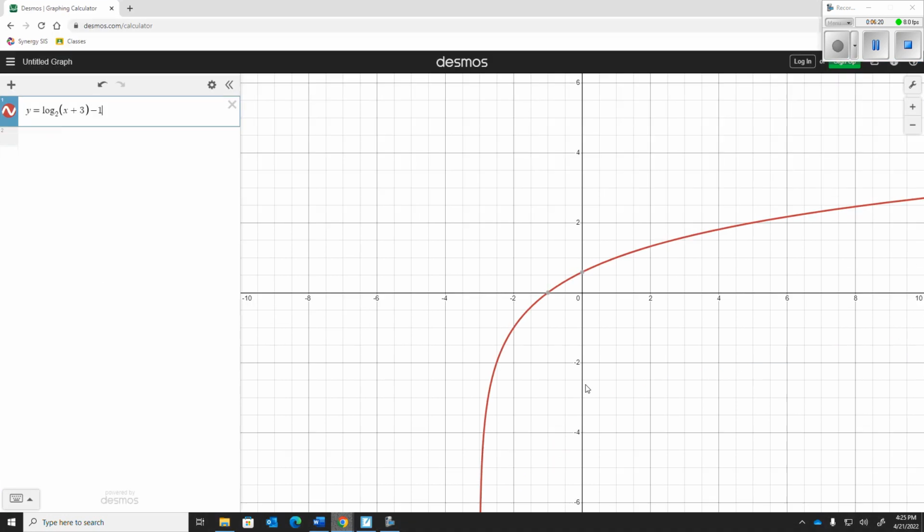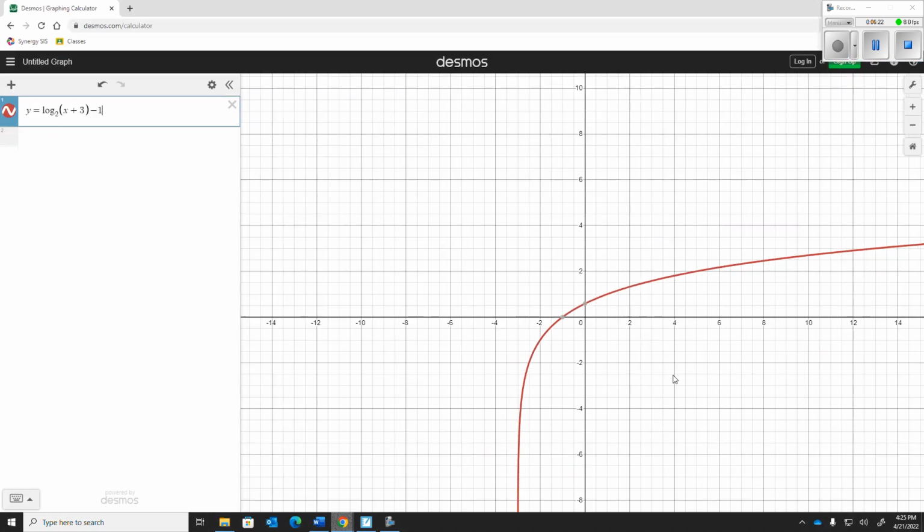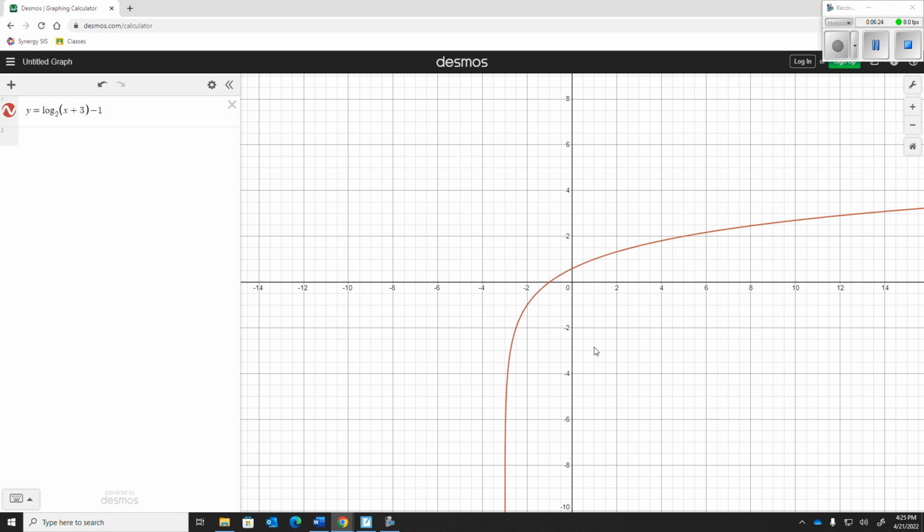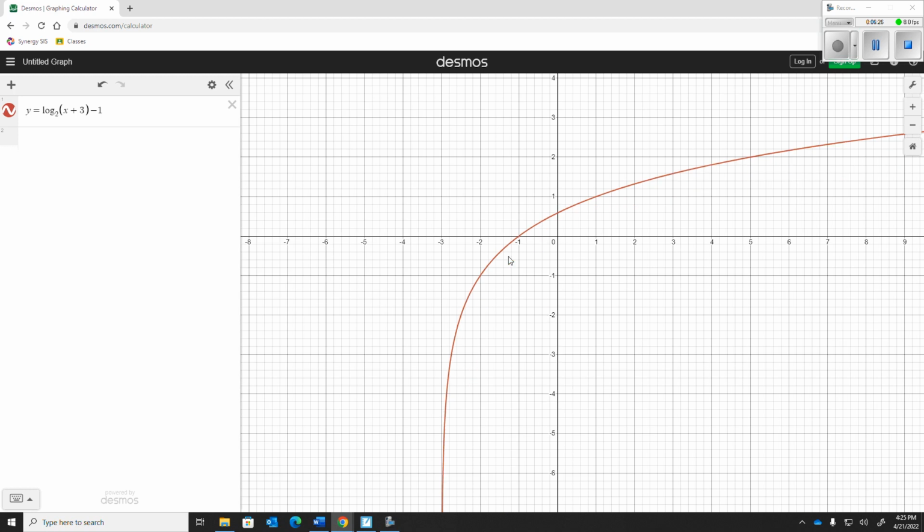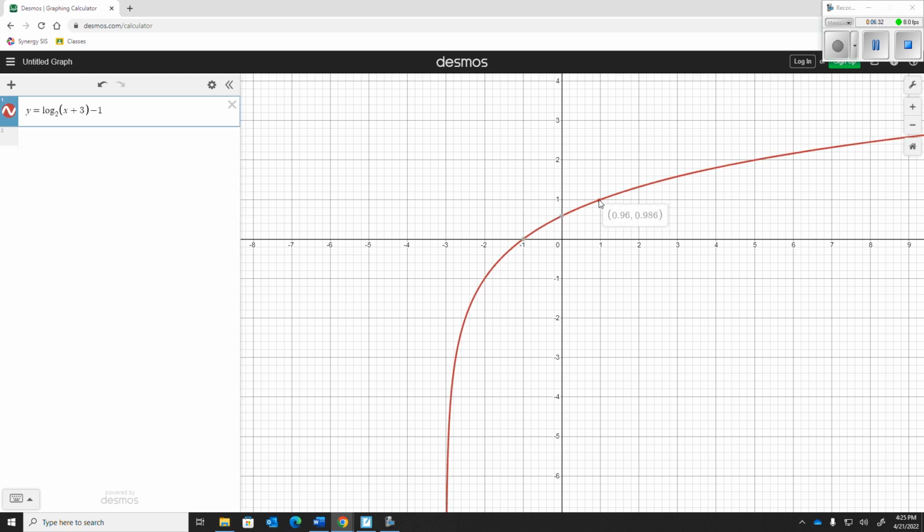So here's what the graph looks like. I'm going to pick 2 points to graph on my log. Try to pick some good ones here. I got 1, 1 right here. I have -1, 0, so 1, 1 and -1, 0. I can graph those things and then get a sketch of what this looks like. Notice how it's sort of like a parabola, but not really.